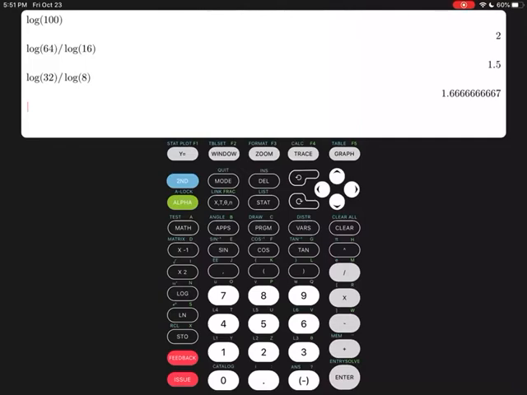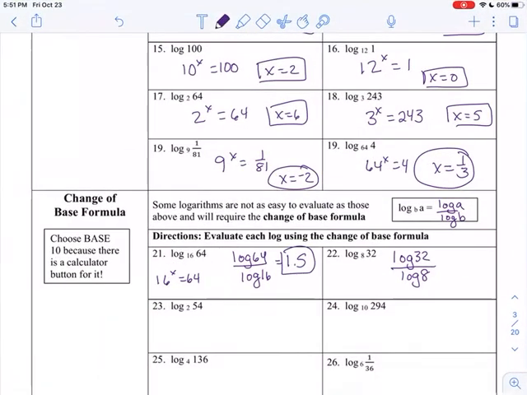All right, and I get 1.6 repeating. If I was to do 8 to the 1.66666 power, I would get 32 as my answer. You can check your answer if you want to. This one's a harder one to check because it's a repeating one, but I'll show you another one that we can check. So this was 1.6, but it was repeating.